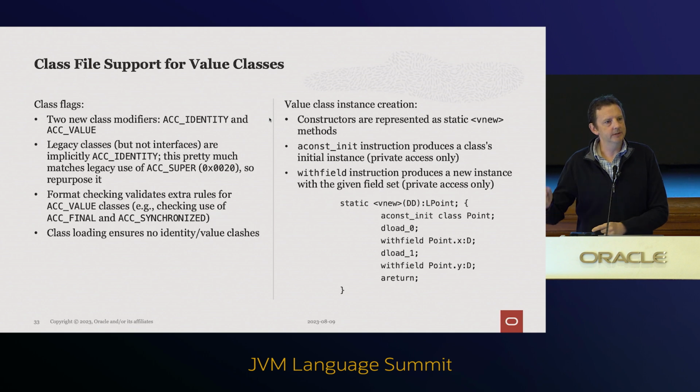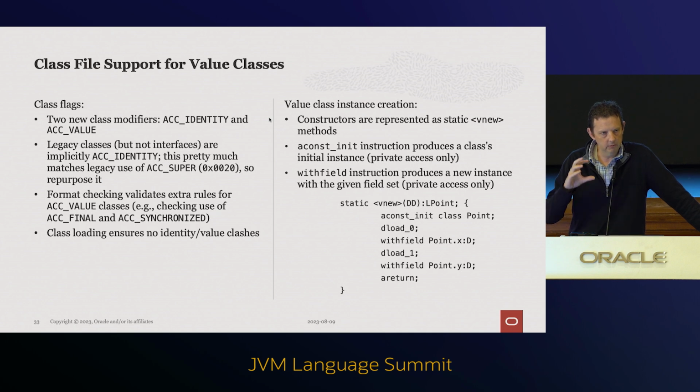An interesting thing here is that identity classes are by default your concrete classes and abstracts without certain properties. Interfaces should not be identity by default. And so we actually have this ACC super bit sitting there in the class header that doesn't do anything anymore, but it still gets set.